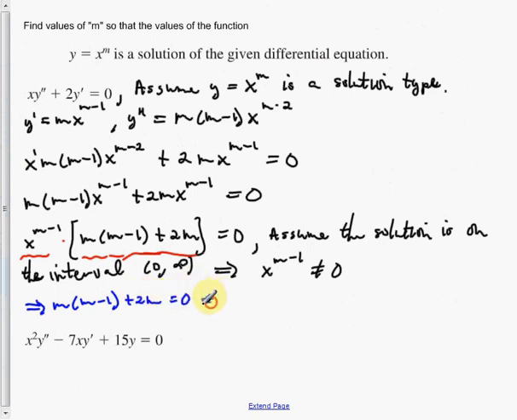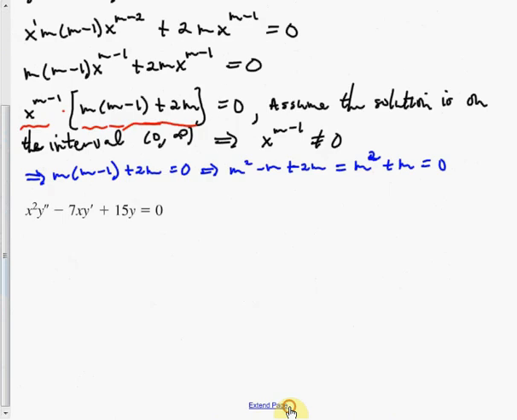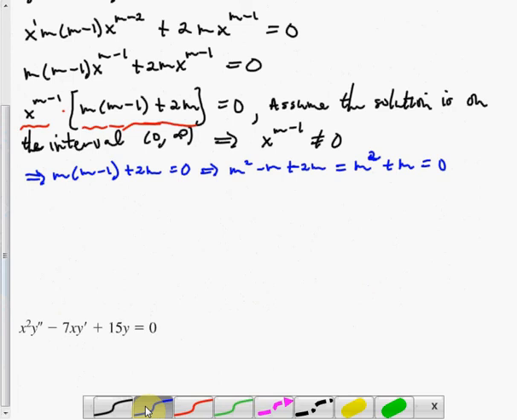Simplify that. This implies that you have m squared minus m plus 2m. Just simplify that. That's m squared plus m equal to 0. So we do some factoring.